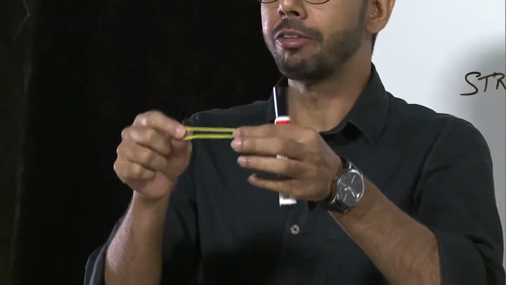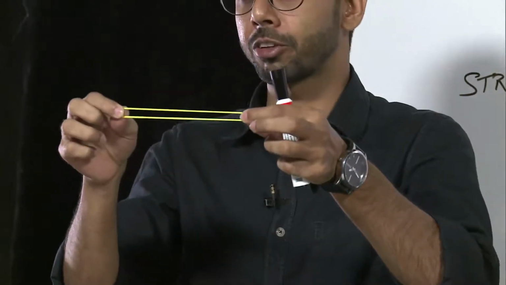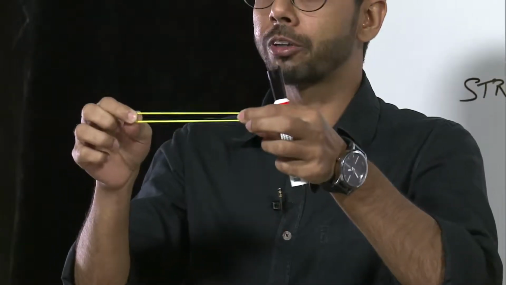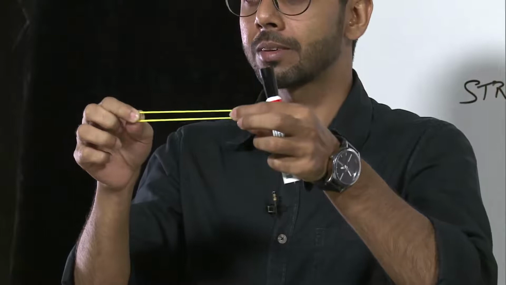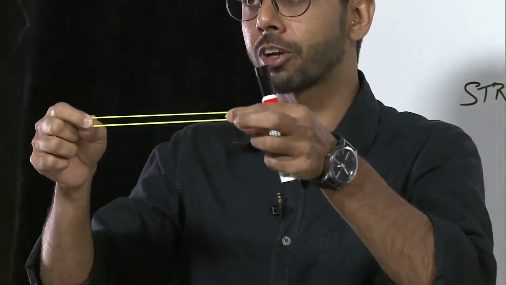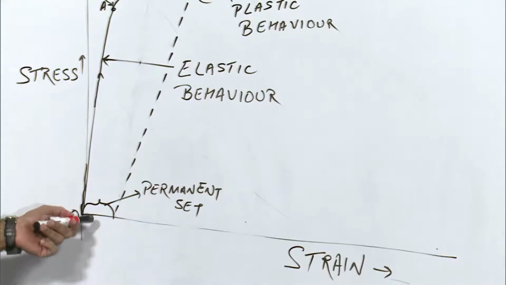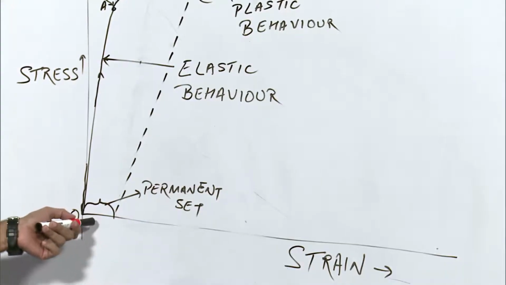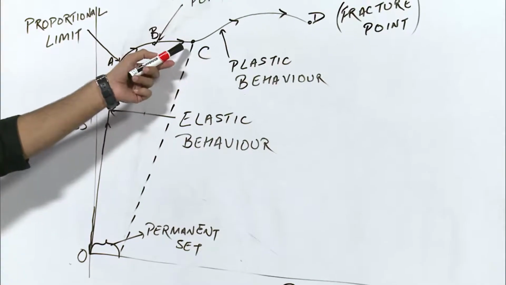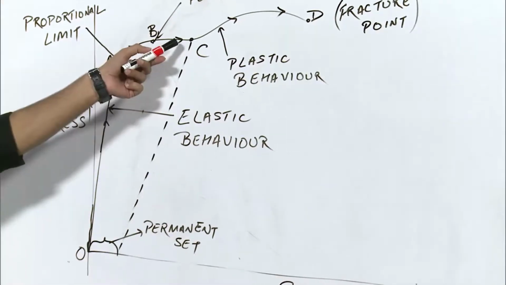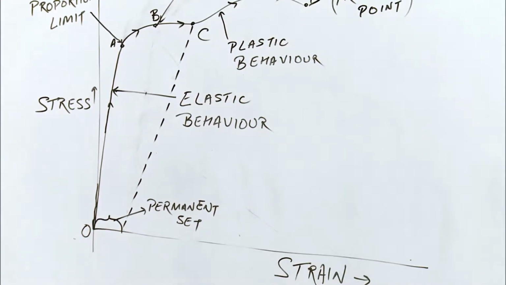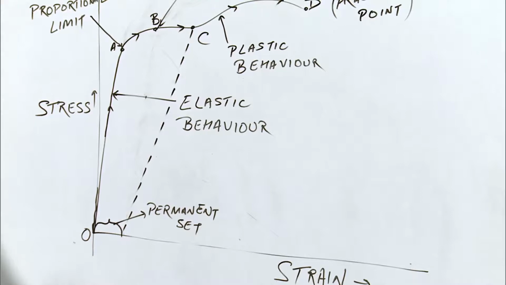But if we start increasing the stretch, the stress will increase, and at a point an elastic limit arises. The elastic limit states that if we further stretch the rubber band, there will be a permanent set, which means if the stress and strain curve rises till point C, a permanent looseness will appear in the rubber band.